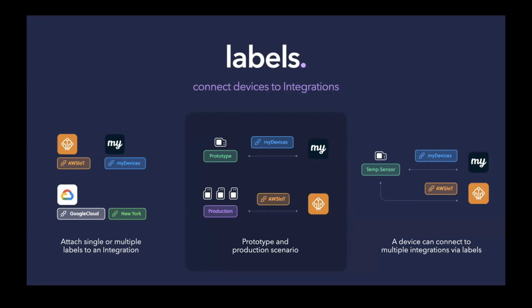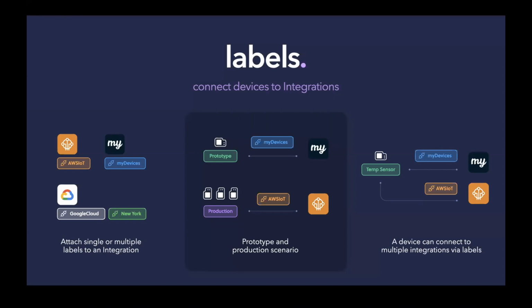Similarly, you could have a single label tied to an integration, like a one-to-one, or you could have multiple labels. For example, you could have Google Cloud, and then also, if you wanted to, a location. I just wanted to show in the middle there this prototype and production scenario, just very quickly, one use case and the power of combining labels with integrations.